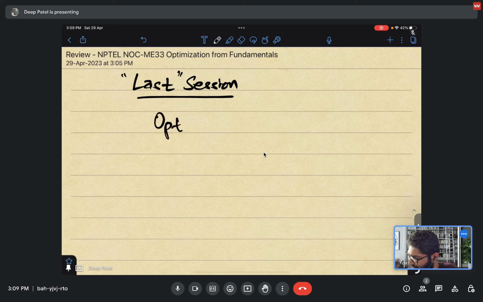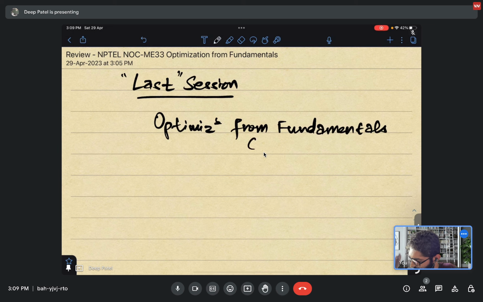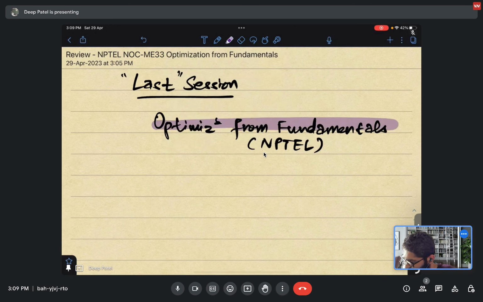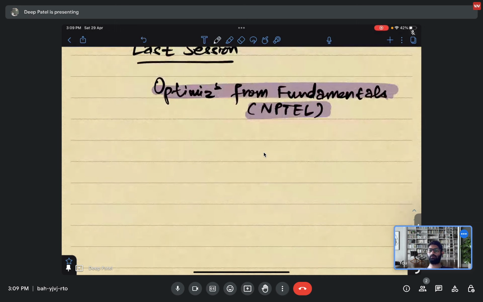So this is optimization from fundamentals. Yeah, so I'll just get started with the problems right away.